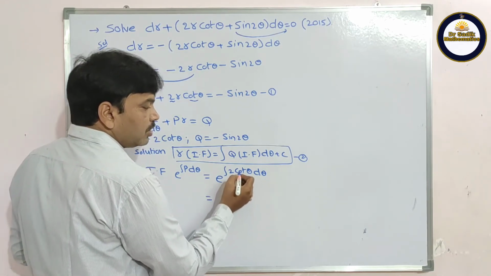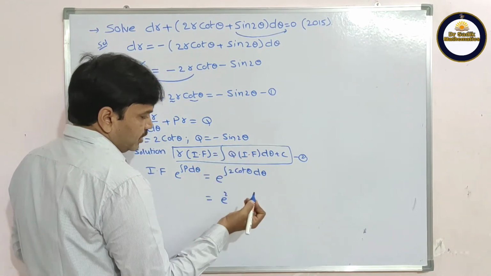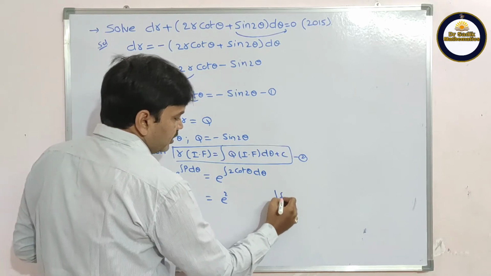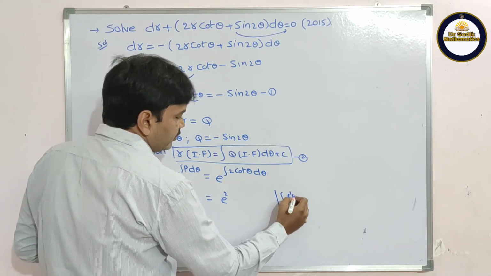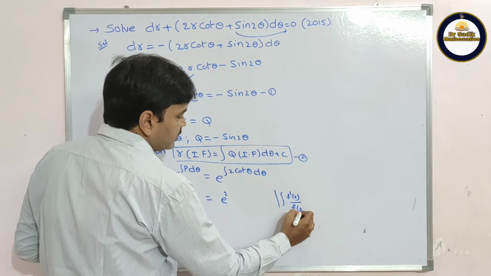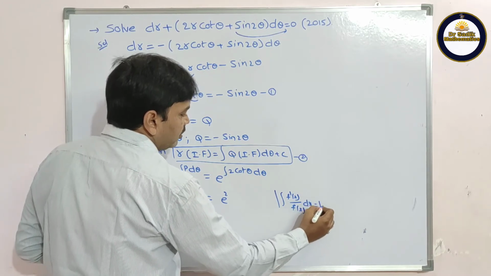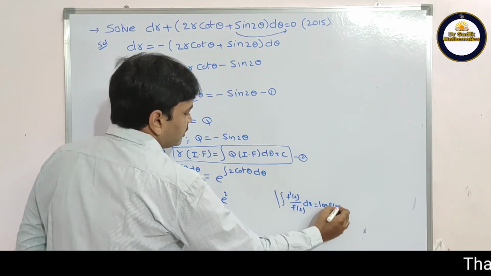Cot theta means cos theta by sin theta. So it is like integral of f dash of x by f of x dx, friends. What is the formula? Log f of x.